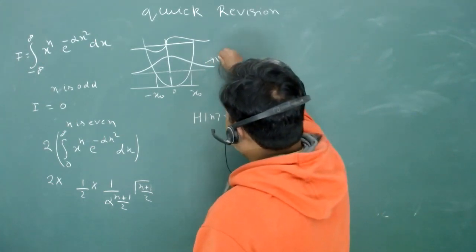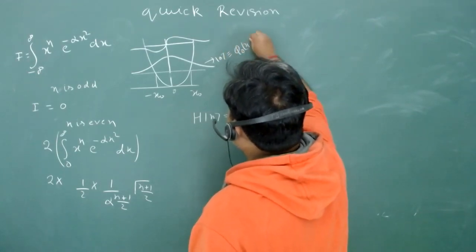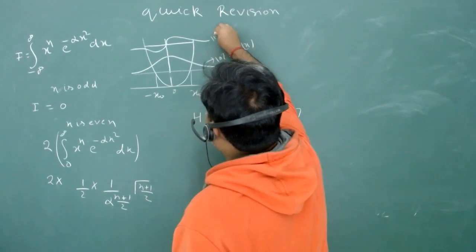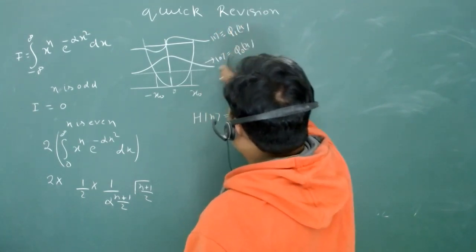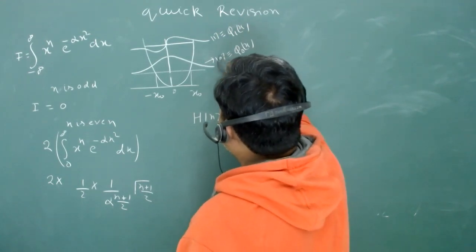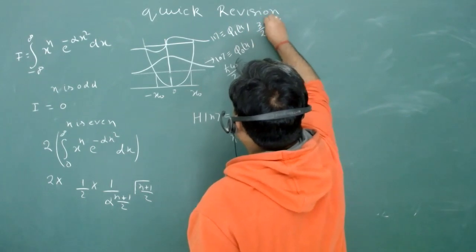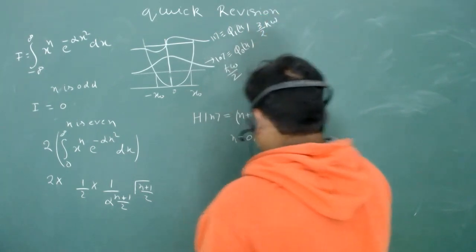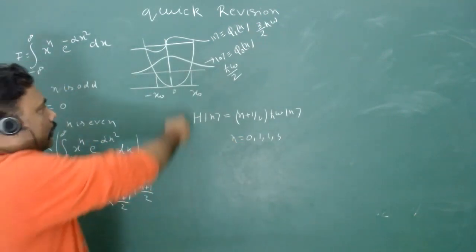You can say |0>, which is equivalent to phi naught x, and this is |1>, equivalent to phi 1 x. The corresponding eigenvalue for the ground state is h-cut omega by 2, and here 3 by 2 h-cut omega.